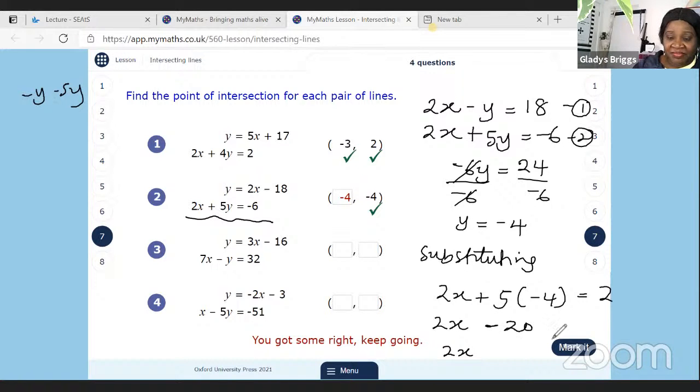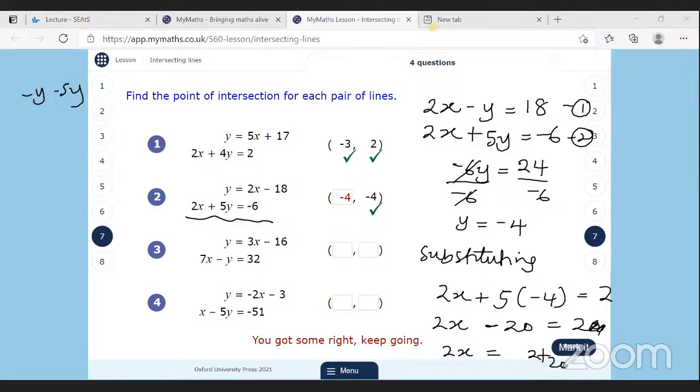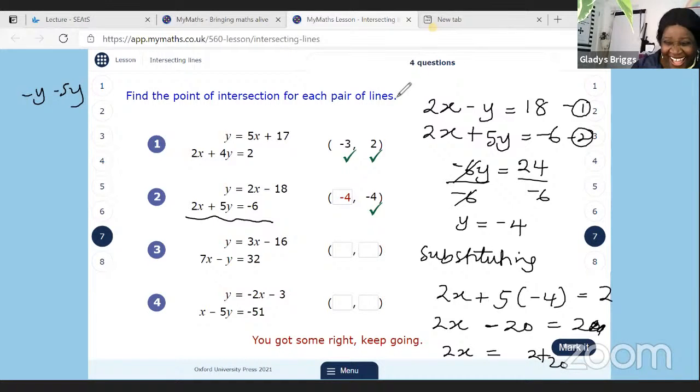Minus 20 is equal to 2. 2x is equal to 2 plus, Miss, yeah, it's equal to -6. Oh, goodness me. Which one was I copying? I think I went and copied the one on the top.